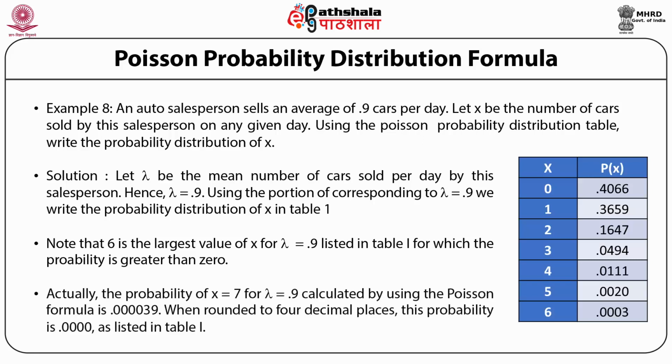Actually, the probability of x equal to 7 for lambda equal to 0.9 calculated by using Poisson formula is 0.00039. When rounded to 4 decimal places, this probability is 0 as listed in the table. So this is also one type of problem in this Poisson distribution.